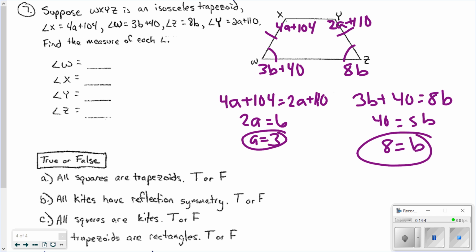And I do. I get that X is 116, and I get that Y is 116. That's good, which means that my value for A is correct. Now I'm going to plug B back into my equations for W and Z, and when you do so, you end up getting 64 for both of them. And we're done.